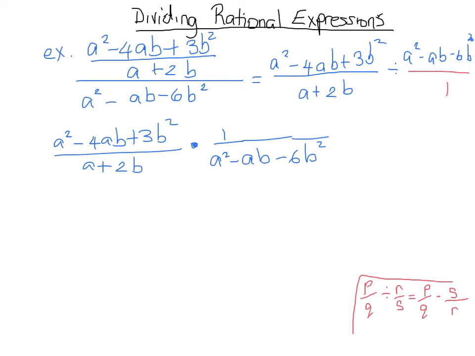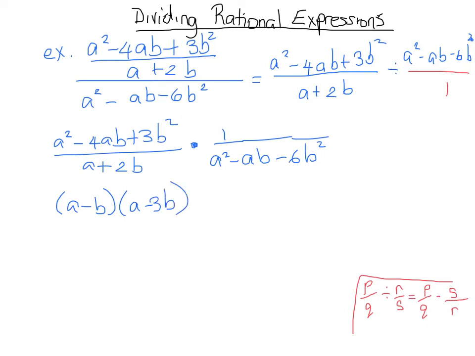Again, from our previous question, we know that we can multiply just by multiplying the top by the top and the bottom by the bottom. However, before we do that, we have to do something else first. Factor. All right, so let's factor everything that can be factored. And when we factor, on the left side, we get a minus b times a minus 3b.